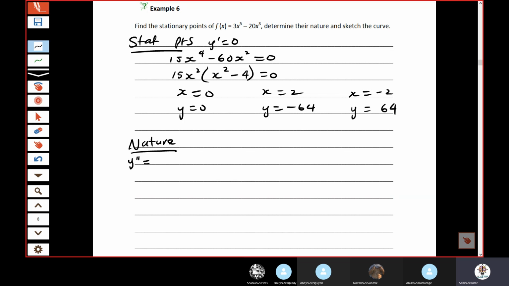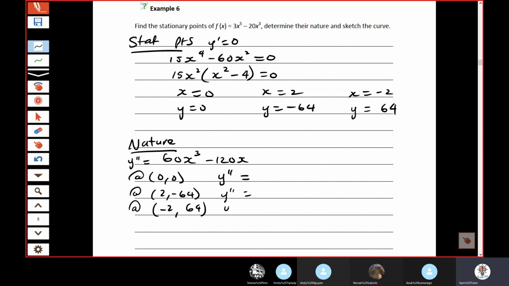y double dash is 60x cubed minus 120x. Then we go at 0, 0. What do we get for y double dash? At 0, you'll get 0, which is interesting.